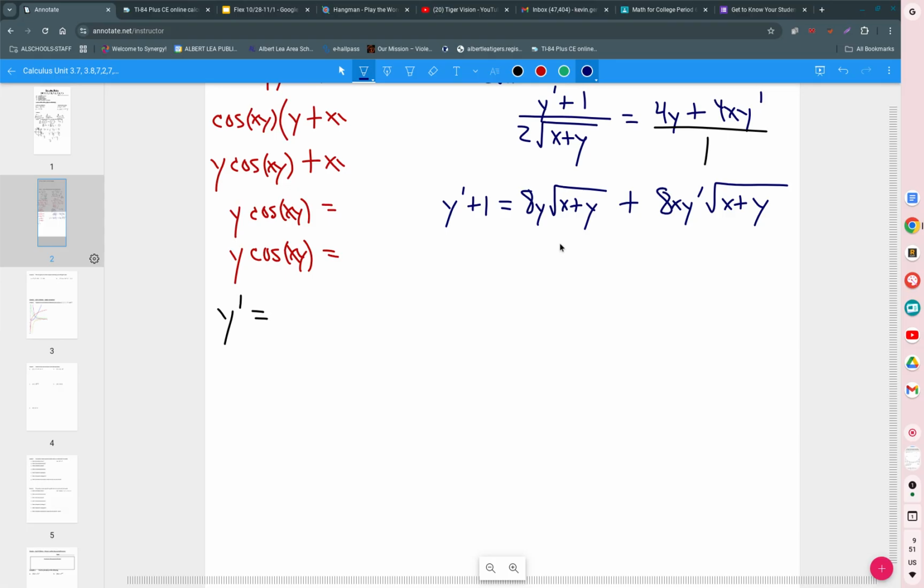And now, once we do that, the process is always the same. Gather the y primes on one side. Gather everything else on the other side.